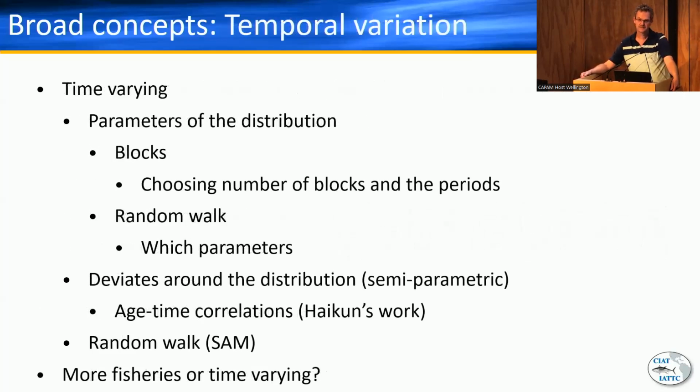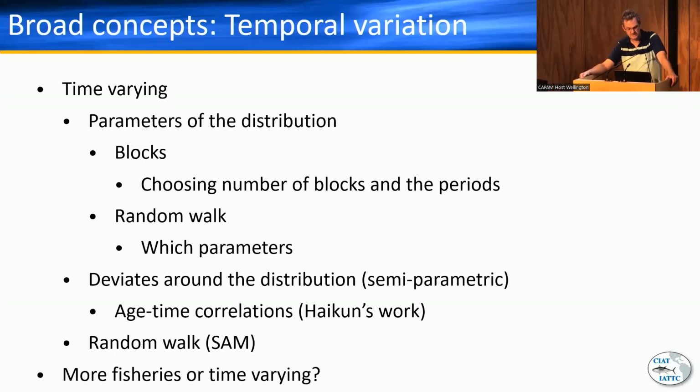The next major concept is temporal variability, and so having time-varying parameters. You can have it on the parameters of a distribution, and you can either do it in time blocks, but there you have to choose the number of time blocks and choose the times. You could do a random walk, which requires quite a few parameters, and if you're not doing a random effects approach, again, it's difficult to determine the smoothness parameters.